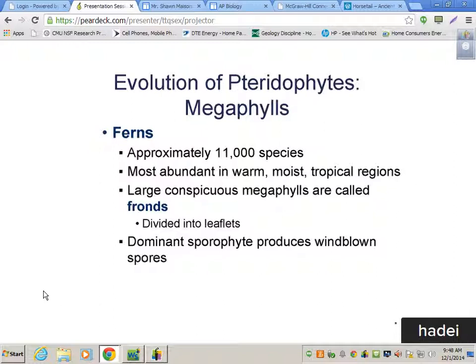Large conspicuous megaphylls are what are called fronds, and those fronds are often what they put in with your flowers when you send a bouquet to a loved one. And then they're divided into leaflets, and then the dominant sporophyte produces windblown spores. That's why I said if you look at the back of a fern, you'll see things that look like an insect laid eggs on them. That's actually the reproductive portion of the fern.